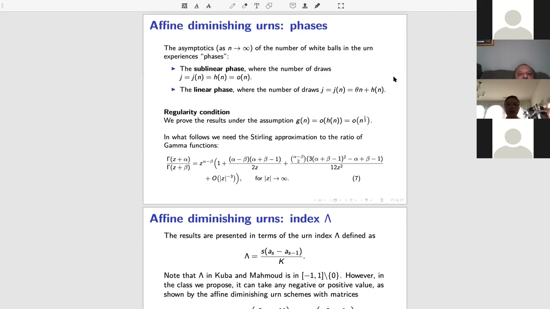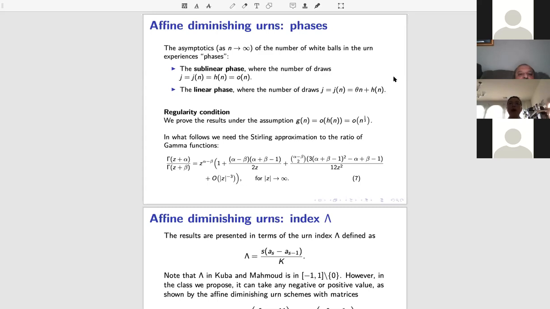Actually, we can change this set of assumptions, and if we have a different set of assumptions, we can do the proofs very similarly. The results will be slightly different, but of the same form.